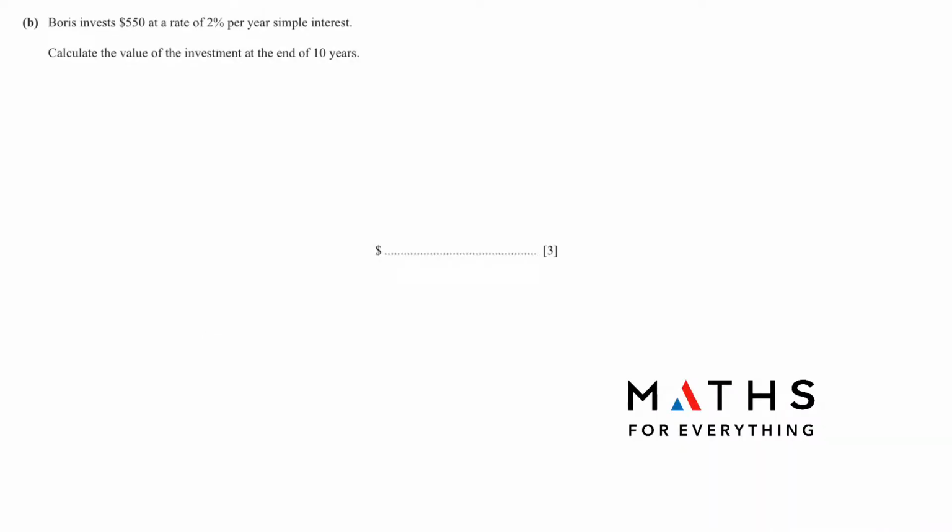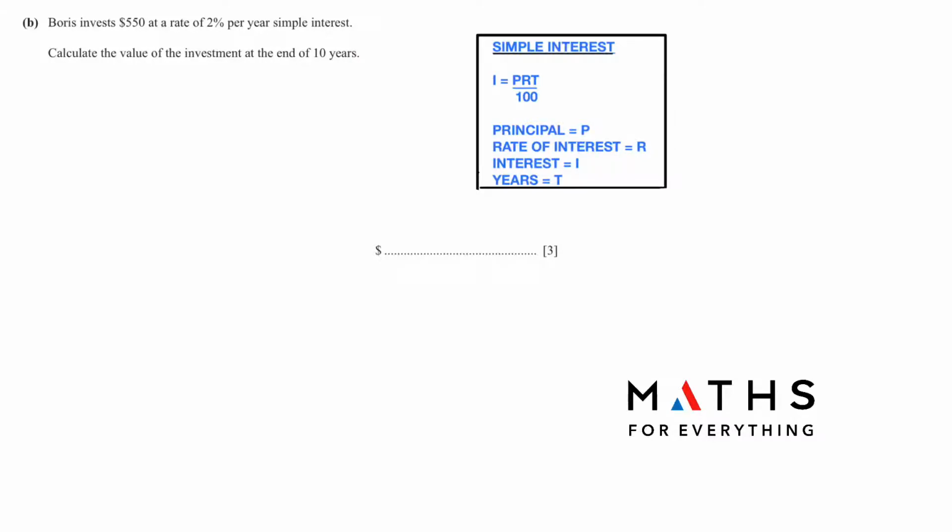Part B. Boris invests $550 at a rate of 2% per year simple interest. Calculate the value of the investment at the end of 10 years. For simple interest, we use this formula. I is equal to PRT over 100. P is your principal, that is your starting amount.